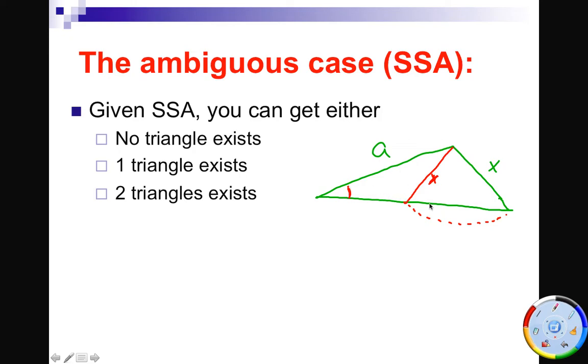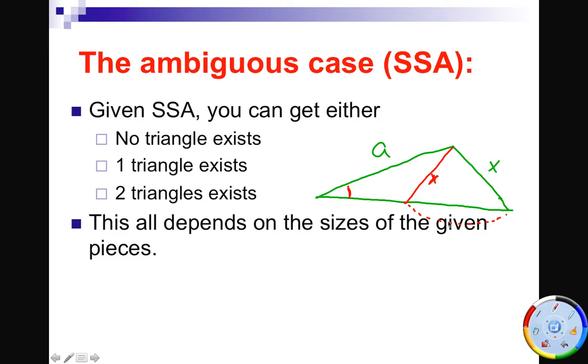Now, it's hard to visualize if you're not a very visual person. What you can do is create some little scraps of paper that are certain lengths and just rotate them around and show that there are actually two triangles that you could create.